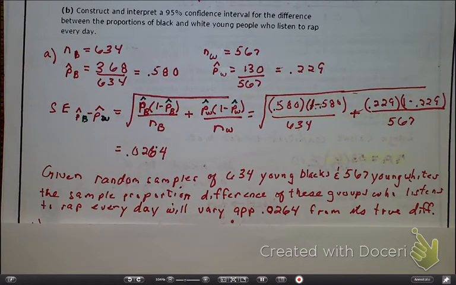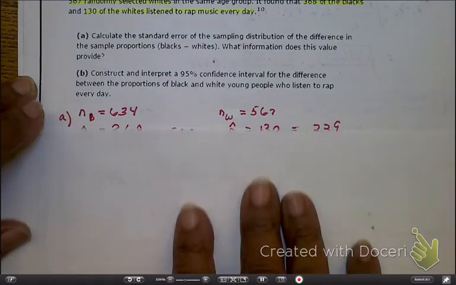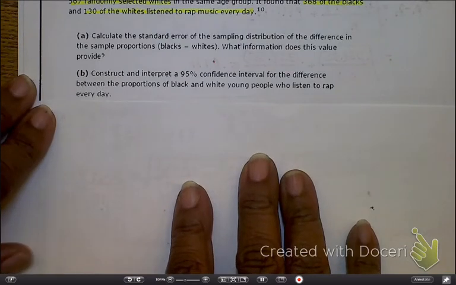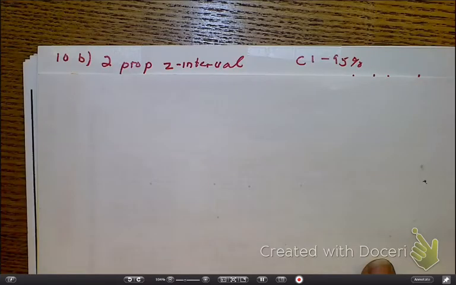Now next we're going to be doing letter B, and letter B is asking us to construct the confidence interval. You're going to need a lot of room for this, so get ready. What I'm about to do took me an entire page.